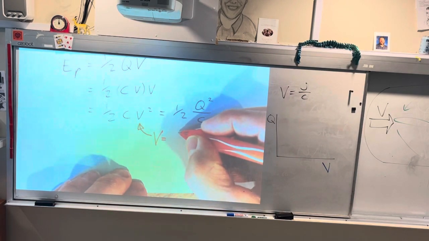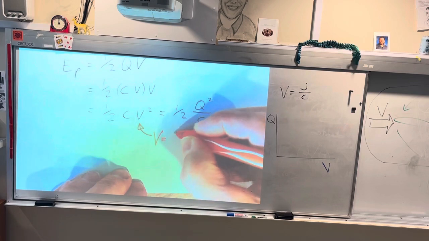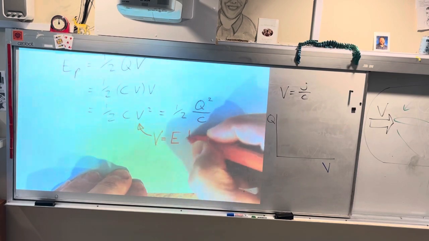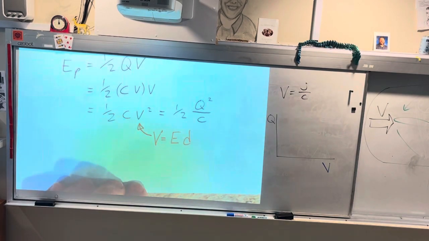Voltage across two plates is the field times the distance between the plates.